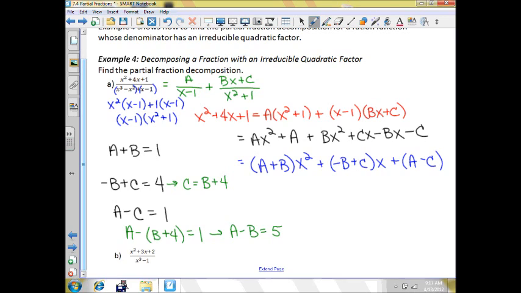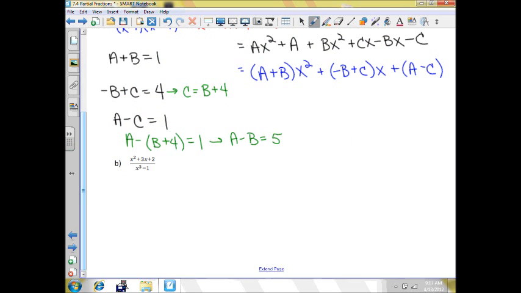And in this equation here, since C is equal to B plus 4, again, I have A plus B is equal to 1. So my two equations that I need to solve, A plus B is equal to 1, A minus B is equal to 5. When you add down, you get 2A is equal to 6, which means A is equal to 3.